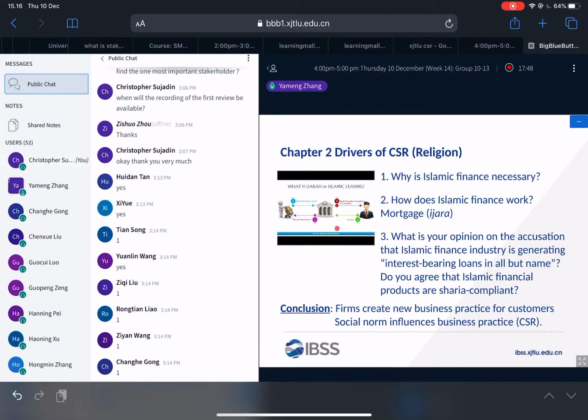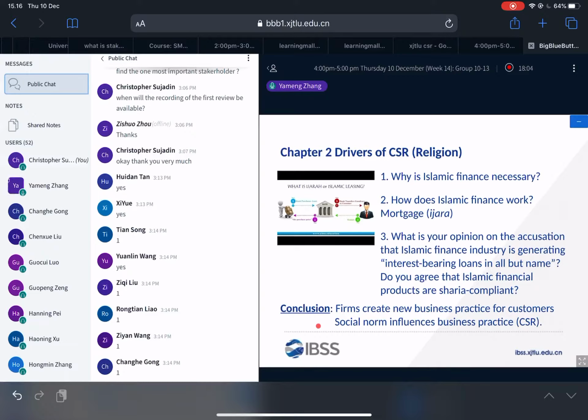Okay, so we can notice that the core debate in this case is whether interest equals rent in the Islamic world. So that is our core debate in this case.